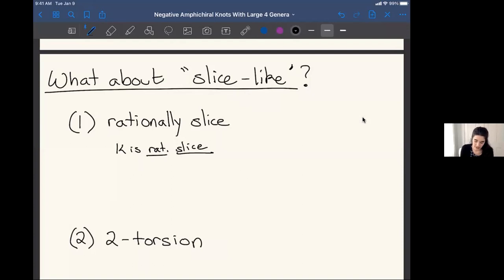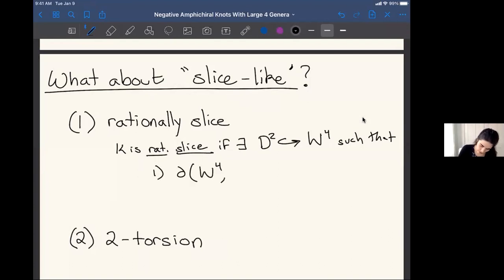So K is rationally slice if there exists a disk embedded in some four manifold, such that, well, first of all, it's a slice disk for K in the sense that the boundary of the pair W4 and D2 is the pair S3, K.